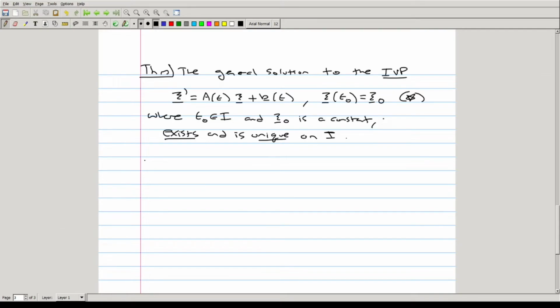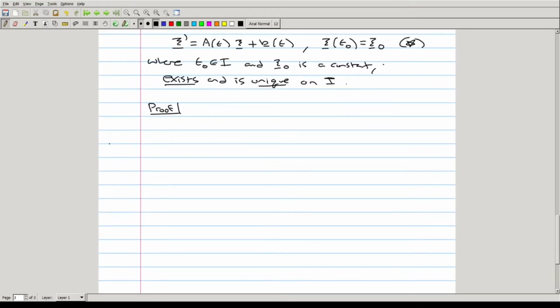And the proof of this actually comes from the previous theorem that we talked about, which is the theorem on the existence and uniqueness of solutions for the general nonlinear system of first-order differential equations, and it's entirely due to the continuity assumptions placed on A of t and b of t.